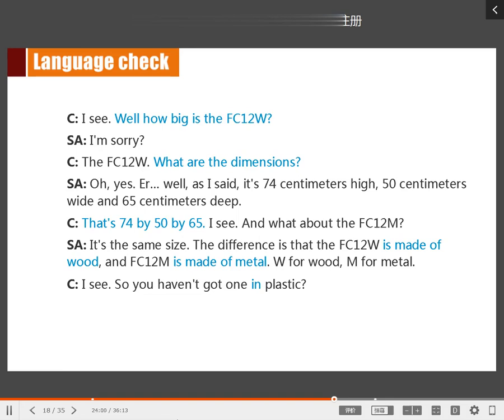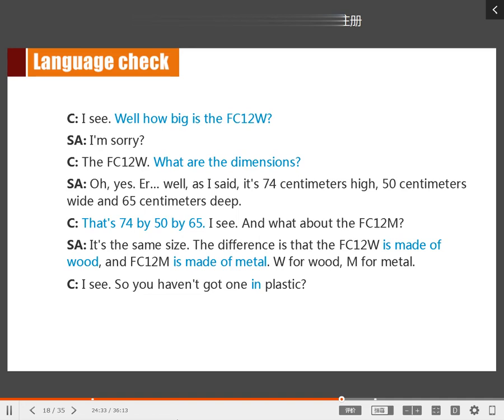The sales assistant's answer is rather long and contains a lot of information, with centimeters, numbers, and high, wide, deep. In this situation, when making phone calls, you should repeat the key information in your own way to make sure that you got the right numbers. So the customer said, that's 74 by 50 by 65. And by saying that, you confirmed that you have understood what the sales assistant had just said.